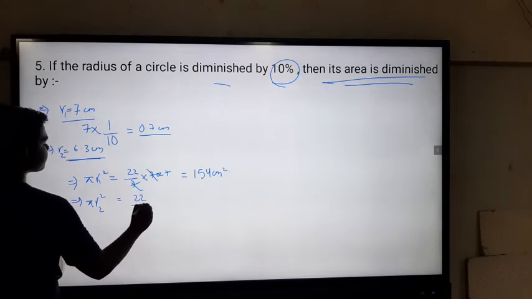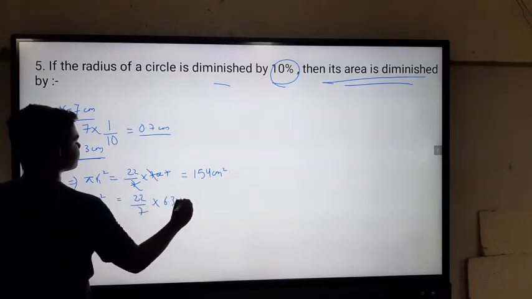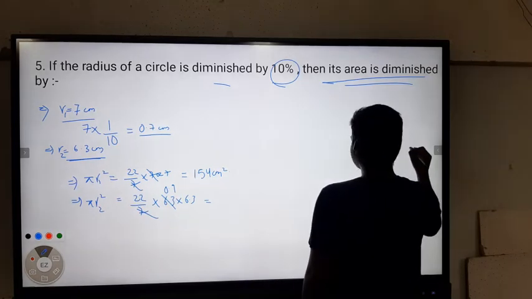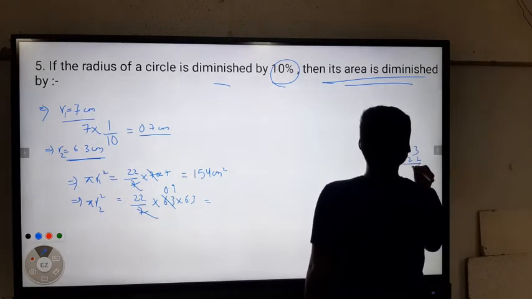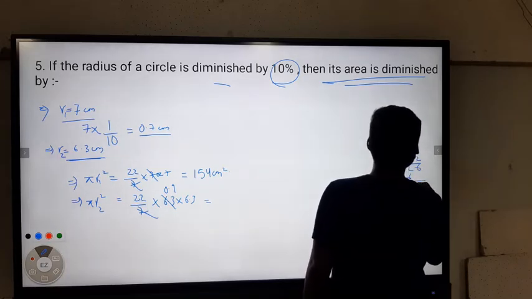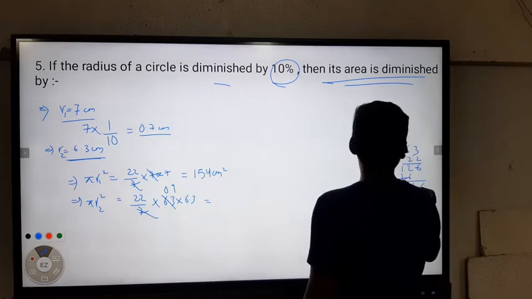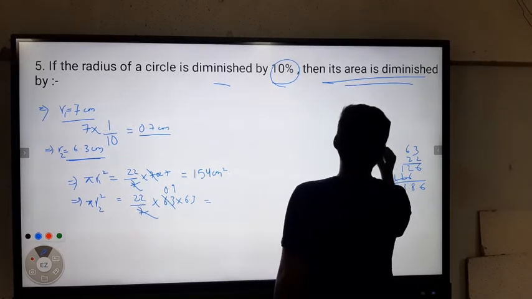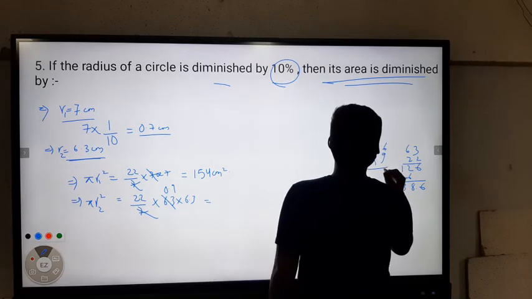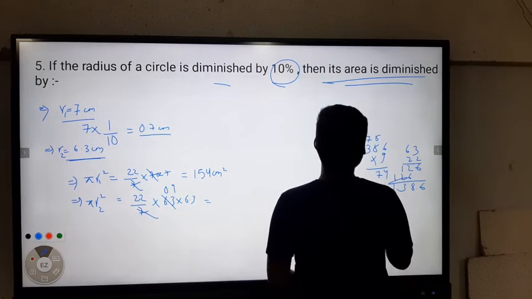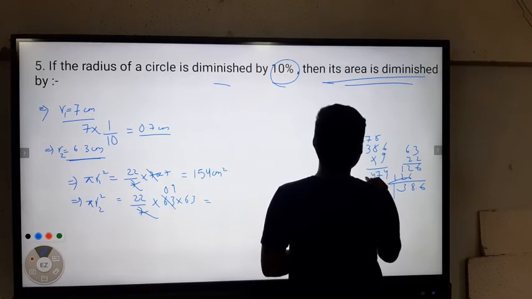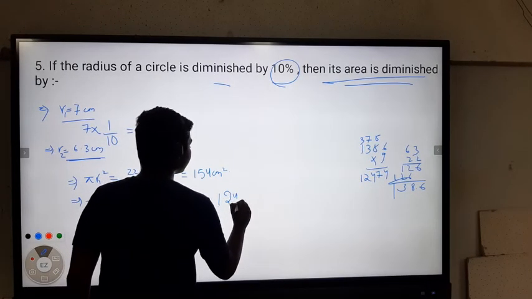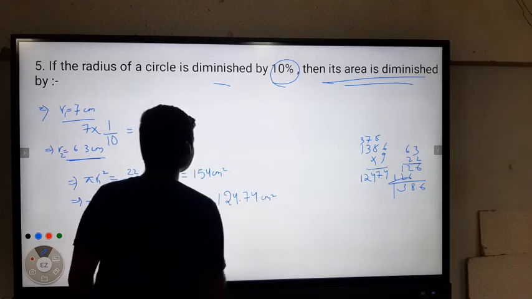So we'll get the second area as 124.74 centimeter square. So how much has this decreased?